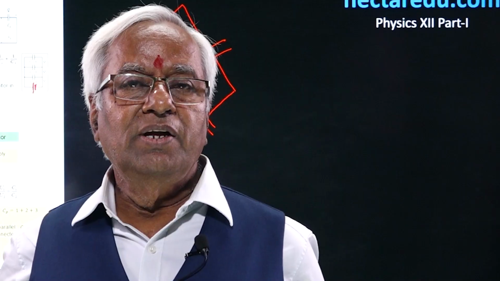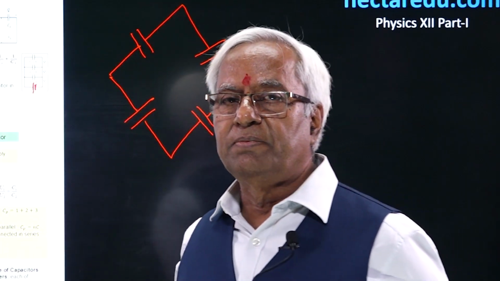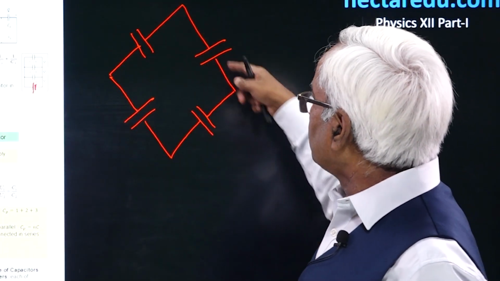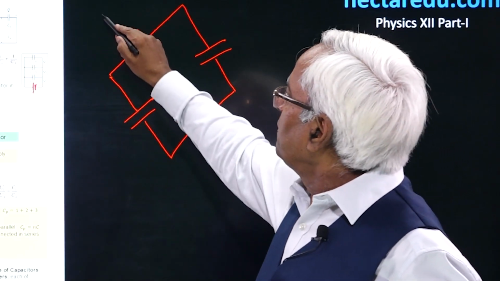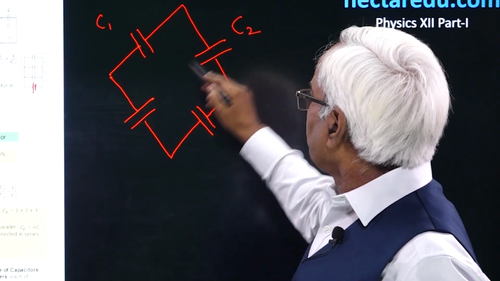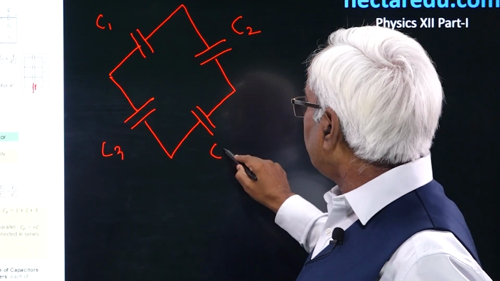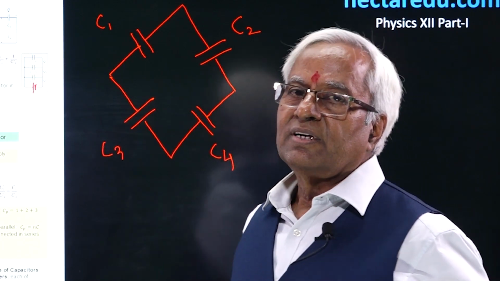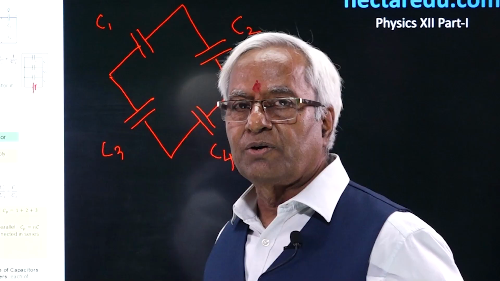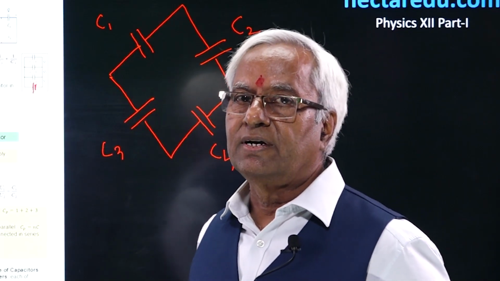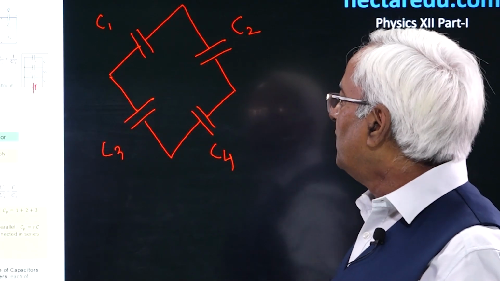When you say Wheatstone bridge, it simply means that along the 4 sides of a quadrilateral, you are going to have 4 condensers. There is no special condition for Wheatstone bridge. The condition is simply that it should be a quadrilateral and there should be a condenser along each side.